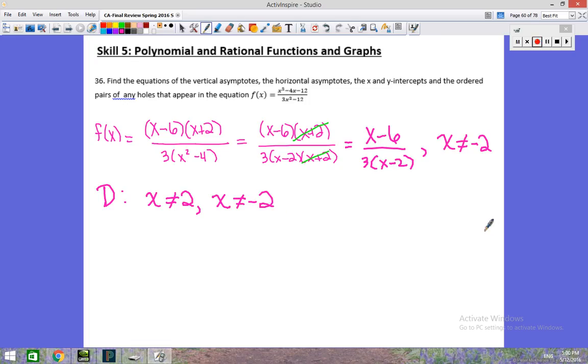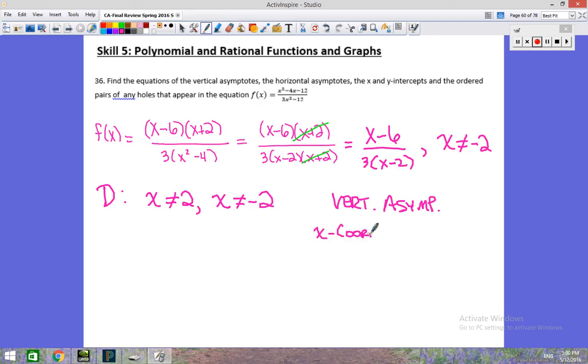When you throw numbers out of the domain, if it's a rational function, then on the graph, it'll show up in one of two ways. You'll either have this x equal 2 being a vertical asymptote, or you'll have it being the x-coordinate of a hole.